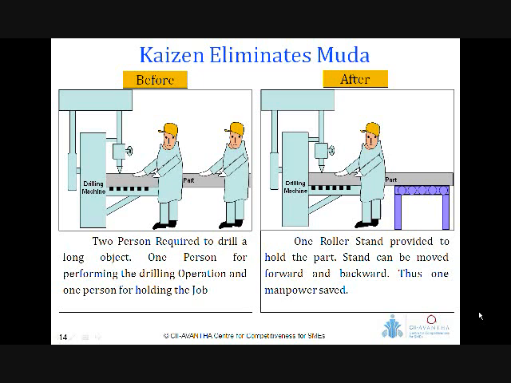A roller stand has been provided. Part can rest on that, and one man who is doing drilling can perform his job. These are very simple, small improvements. We must remember that Kaizen is an improvement in the status quo, an ongoing effort.